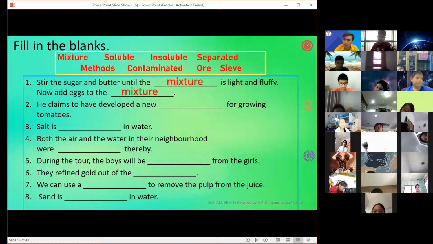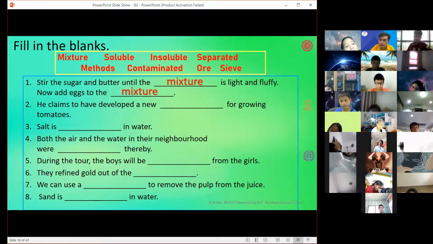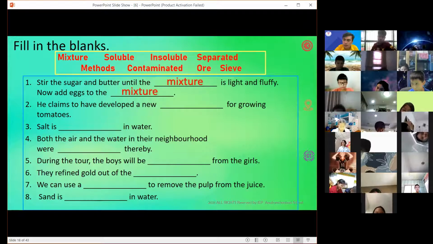Lalada, what's your answer here in number two? Methods or separated?